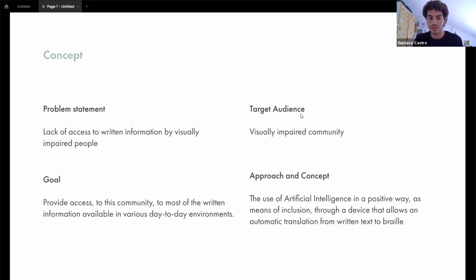So with this, we decided that we wanted to create a project that would provide this community access to this information. Basically, our concept is a device that uses artificial intelligence to translate written information automatically into braille.